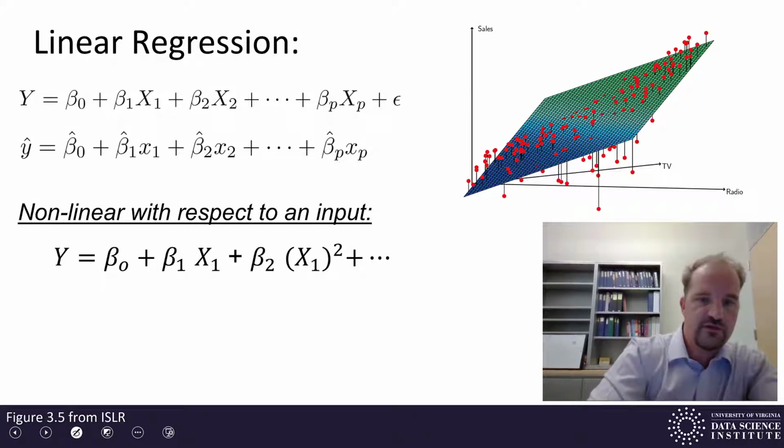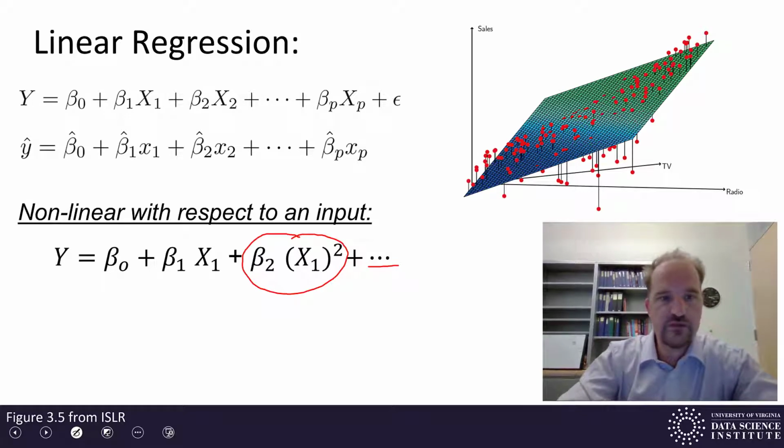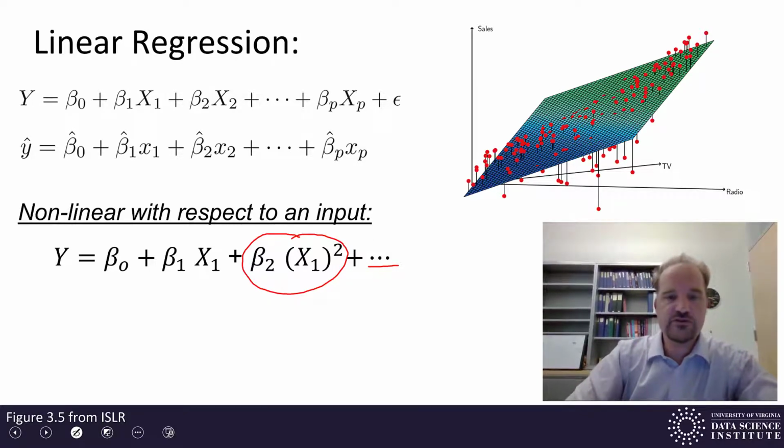You'll notice this term here, there's a beta times one of our variables x, and x is squared, and then we could have additional terms as well. This is one way to relax the linear requirement, having some of our terms squared or cubed and so on, so we would have a polynomial function of each of our input variables instead of a linear function.